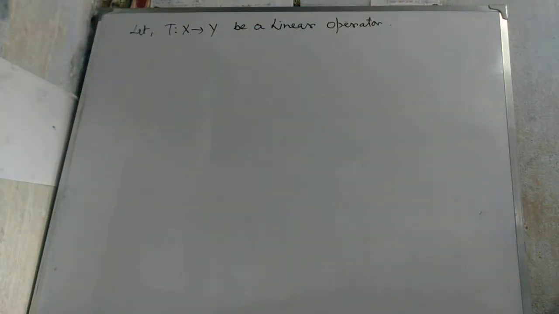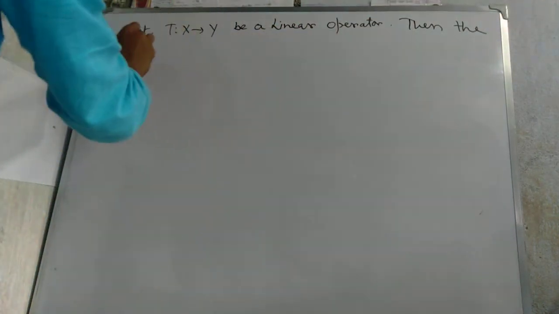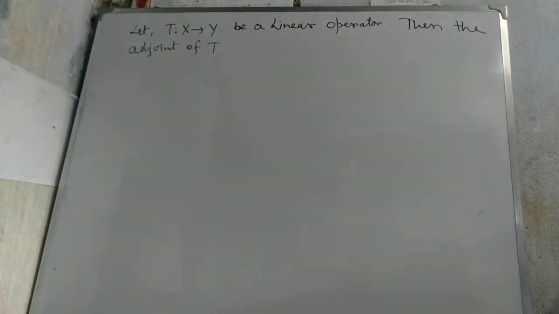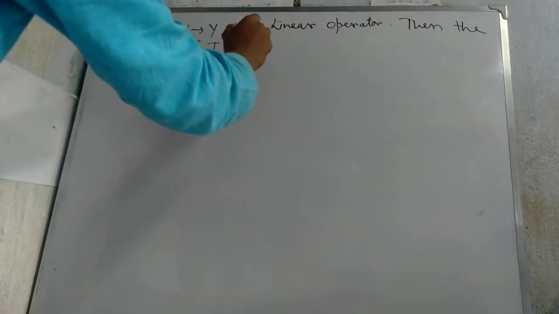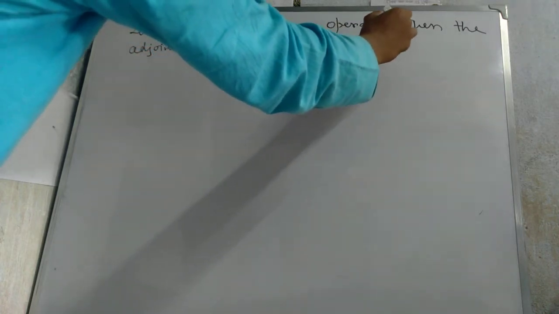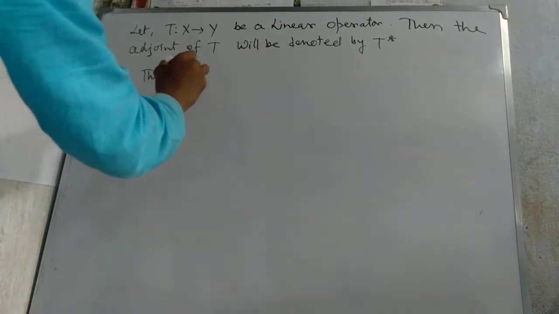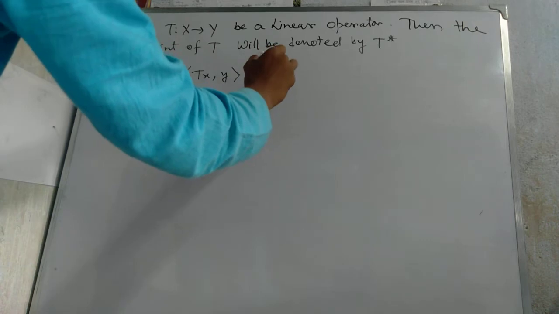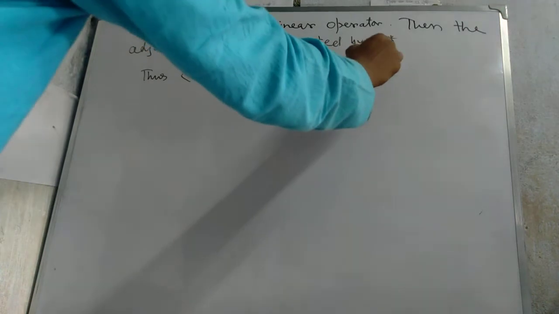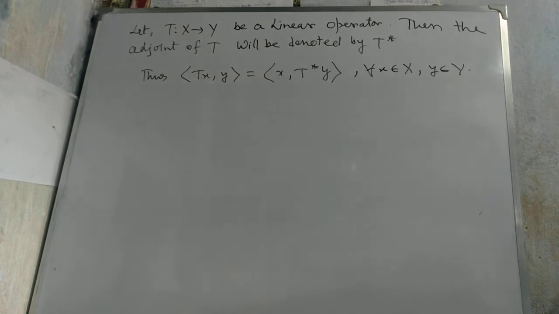Then the adjoint of T will be denoted by T star. Thus <Tx, y> equals <x, T star y> for all x belongs to X and y belongs to Y.